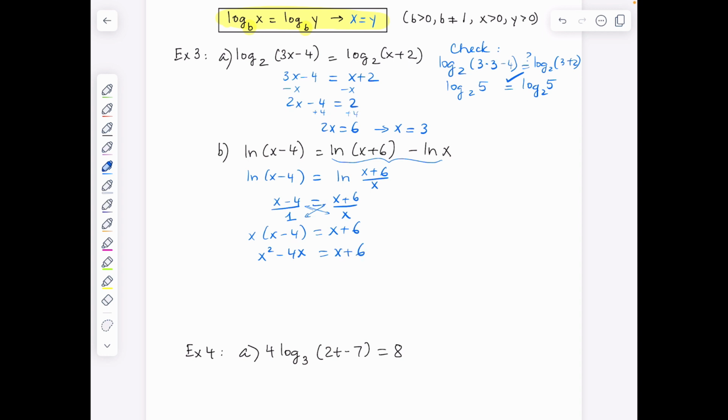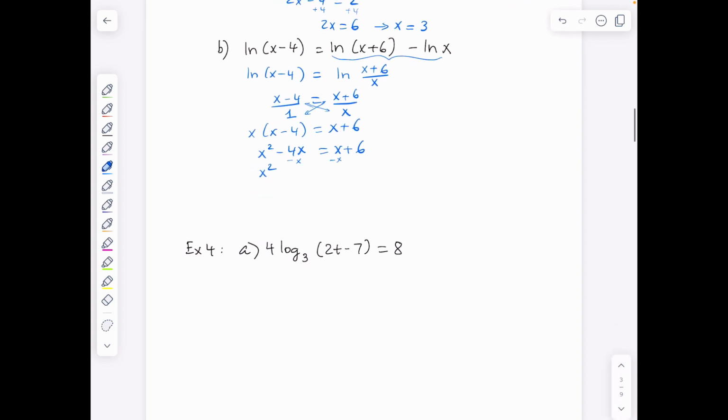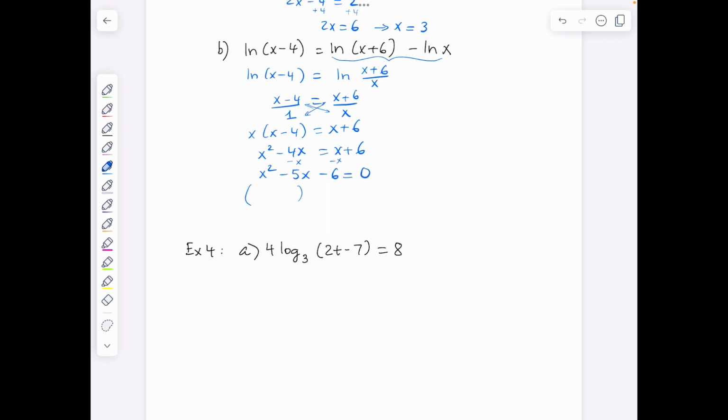Looks like it's a quadratic equation. So we're going to move everything over. And we might see if we can use factoring or if we can use the quadratic formula. So this will give us minus 5x, and then move the 6 over too. Let's see if we can factor.